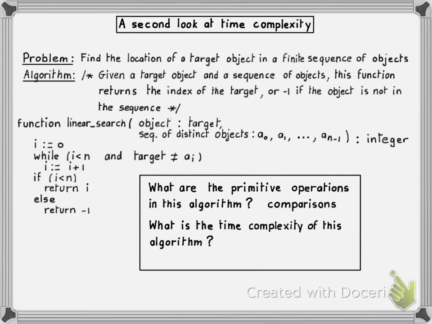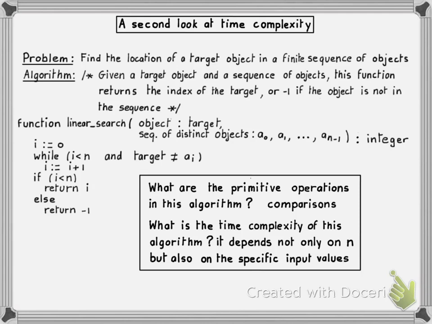So the new problem we are encountering here is that the time complexity of the algorithm, as we have defined it, depends not only on n, but also on specific input values. So even for a single given value of n, there is not a single time complexity, and therefore the definitions we have been working with so far do not really apply to this case.